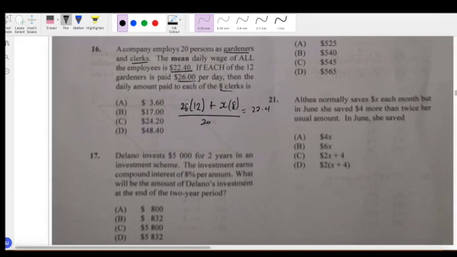So 26 times 12: 26 times 10 is 260, plus 26 times 2 is 52. So 260 plus 52 is 312. So 26 times 12 is 312. So 312 plus 8x is equal to 22.4 times 20. I throw the 20 across.